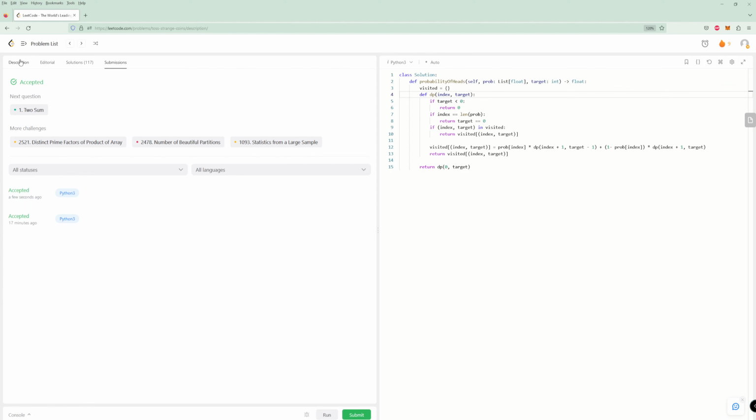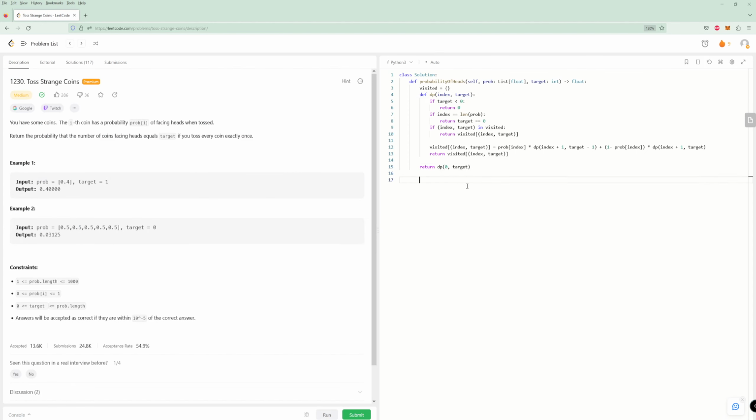All right. And so let's think about the time and space complexity here. Okay, so how many different states can we have? And how many different targets can we have?